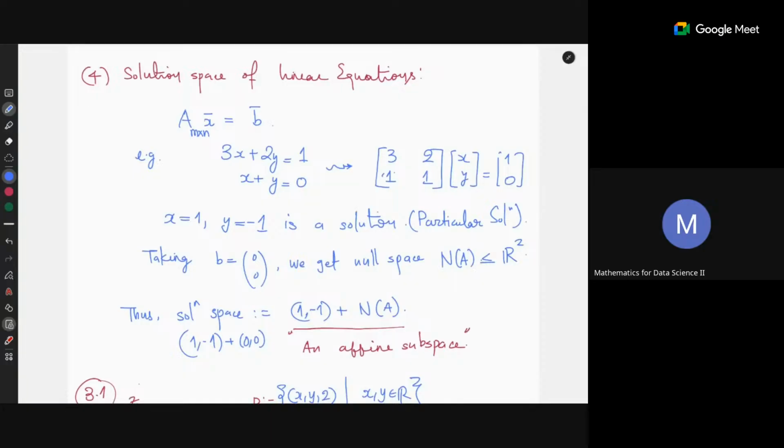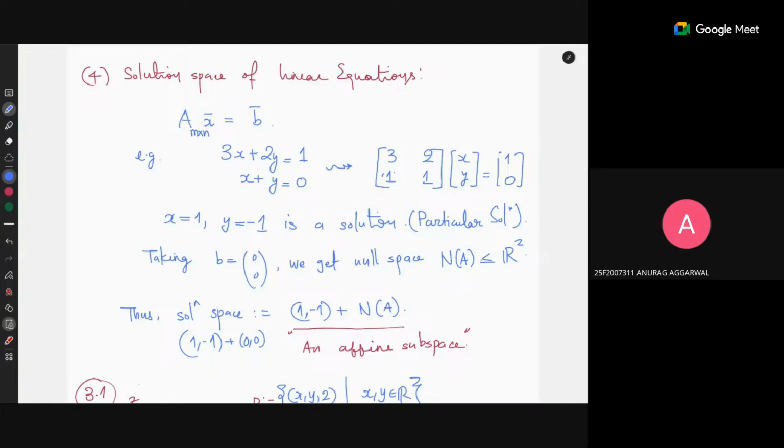Yes, Anurag. Sir, if the null space is the zero vector only, then the solution of Ax equal to b will be a shifted version of that (0, 0). Yes. And if the null space has infinitely many elements, let's say a line, then Ax equal to b will not have infinitely many solutions, sir?